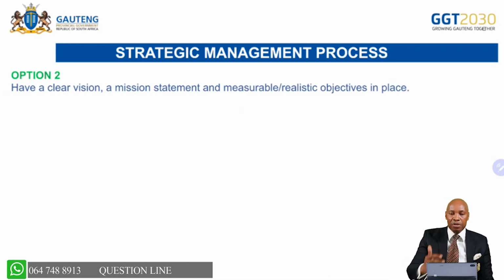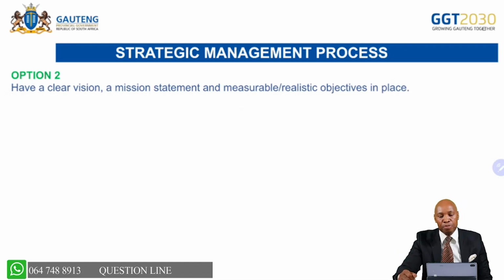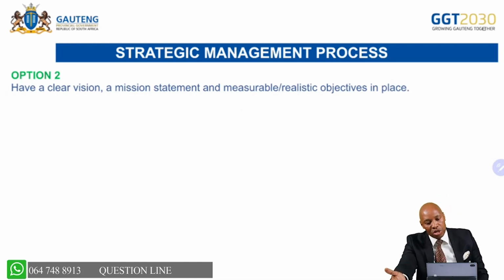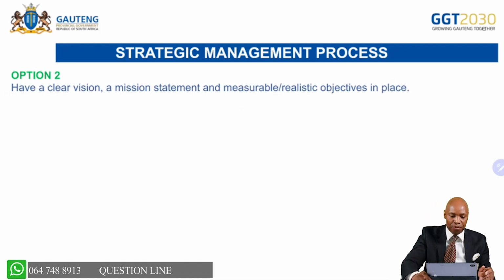Now, we have sat down and decided to do a strategic management process wherein we want to increase our profit in the next 6 months by 5%. You can see that our objective is realistic and it is measurable. We are not saying we want to increase profit, but we are stating by 5% and when? In the next 6 months.